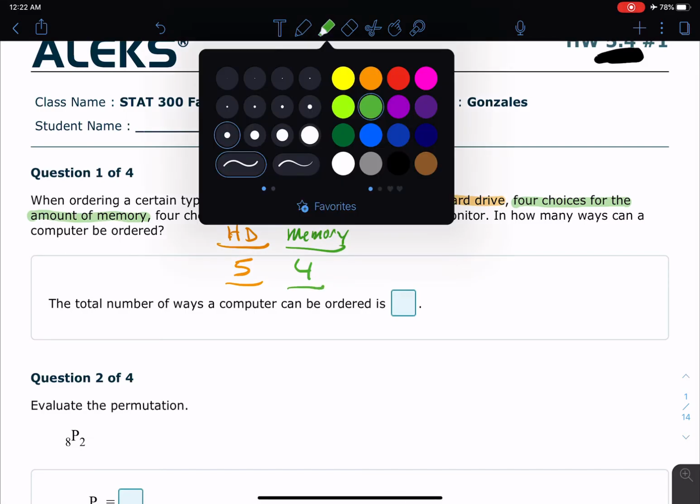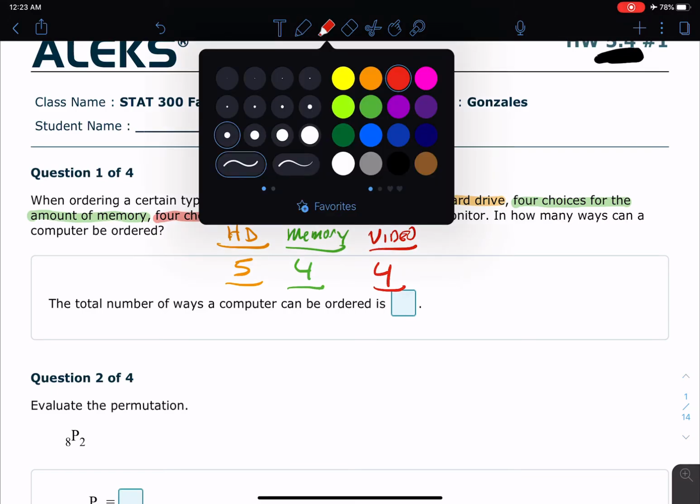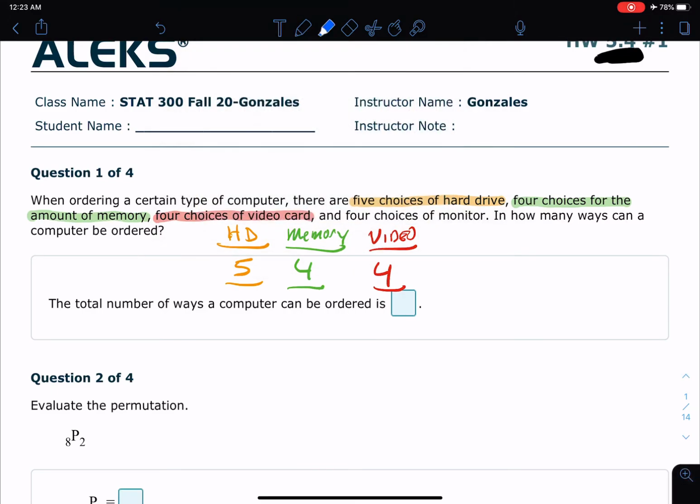And then we go on to 4 choices of the video card. Video card, 4 choices. And finally, 4 choices of a monitor.